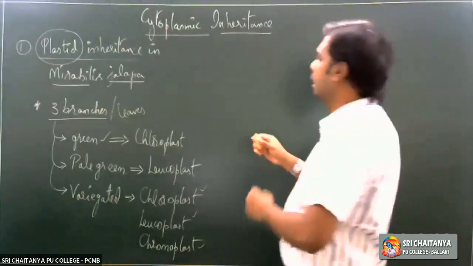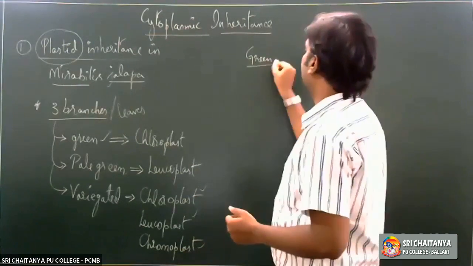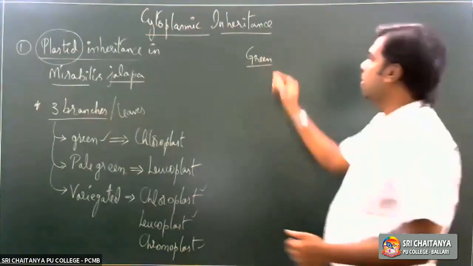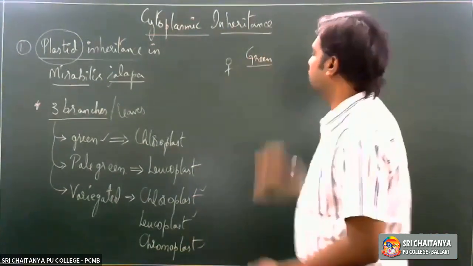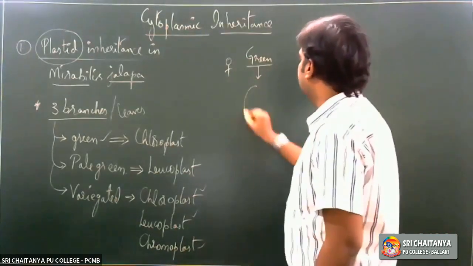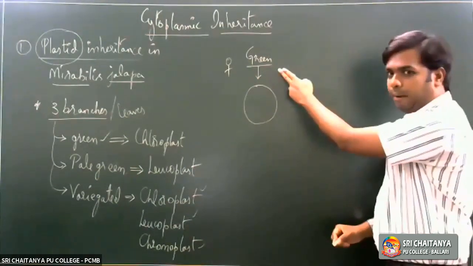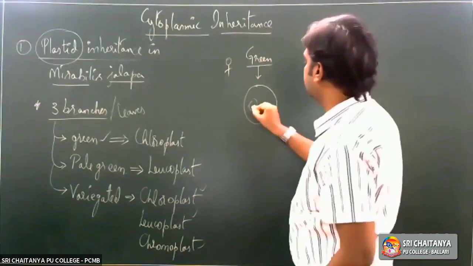So let us take up a green colored plant, or green branch plant. Let us consider this green branch to be a female. Since this is a female, the egg produced by this female of the green colored branch will have the nucleus.